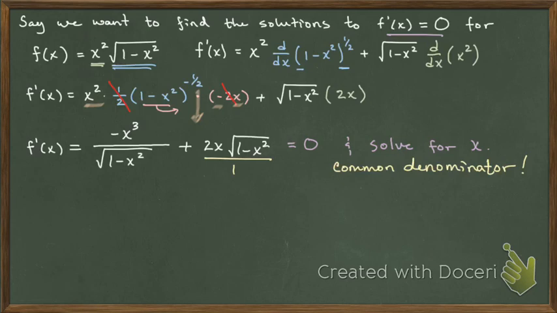My common denominator here is just going to be the radical. In the numerator, all I'm going to have is minus x cubed plus 2x, because I get my common denominator by multiplying that second term by square root of 1 minus x squared.